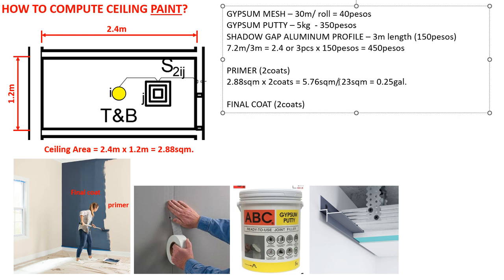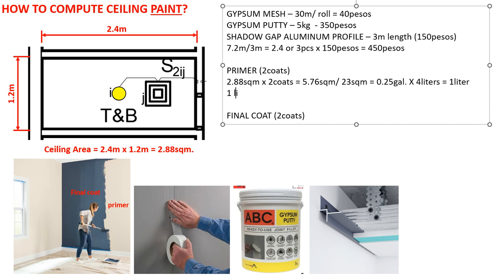But we can still buy in liters, so let's convert this to liters. We just have to multiply it by 4 liters because there are 4 liters in 1 gallon. So we'll get 1 liter. And 1 liter of primer paint in any brand costs around 250 pesos.